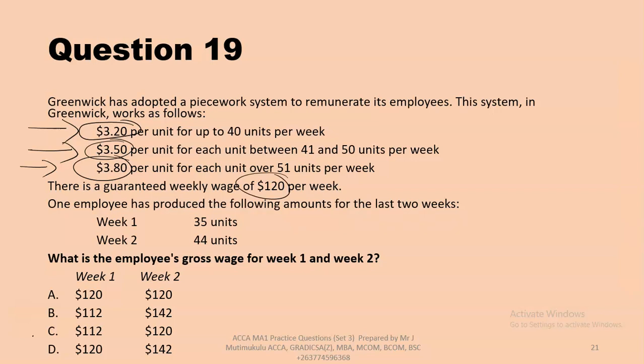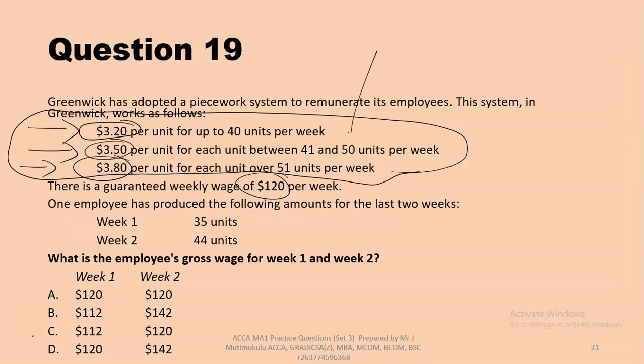Which means whatever this employee produces, if we compute their production using all these metrics and the amount is less than $120, we are constrained to pay them $120 per week.